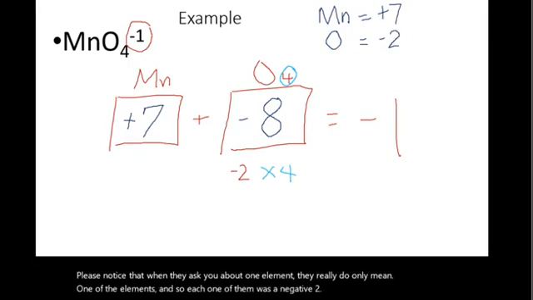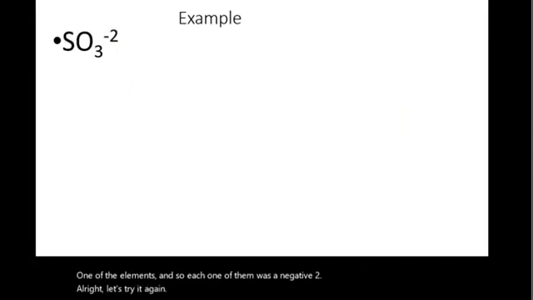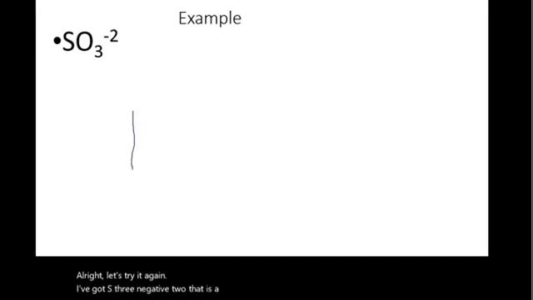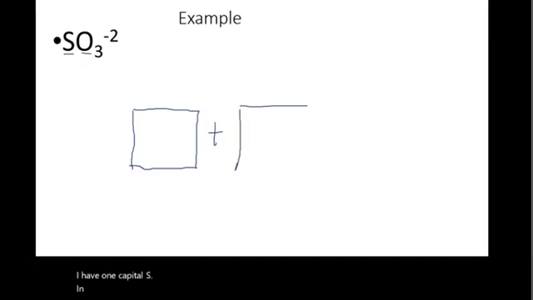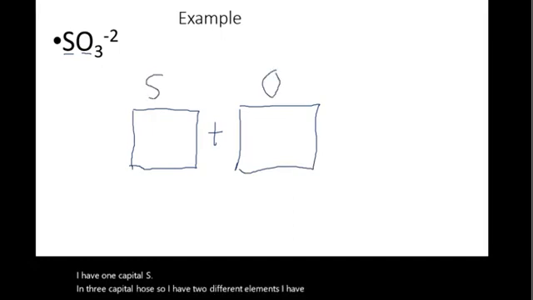All right, let's try it again. I've got SO3 -2. That is a sulfite ion. How many elements do we have? Well, I have one capital S and 3 capital O's. So I have 2 different elements. I have S's and I have O's.